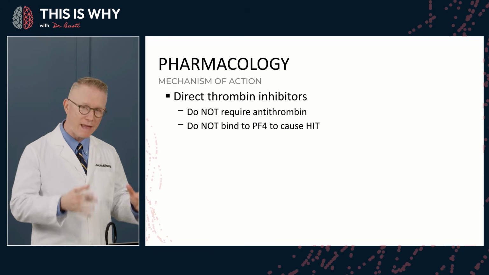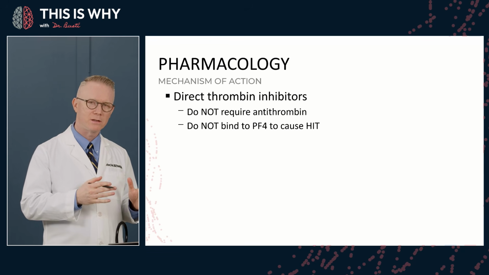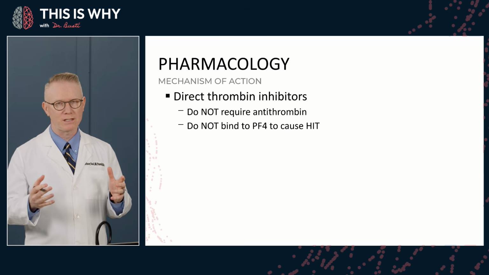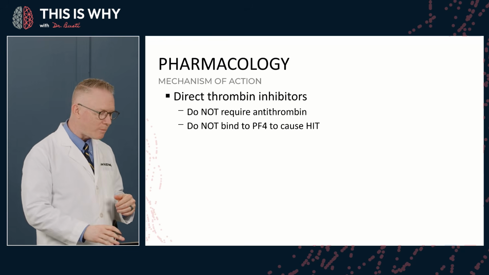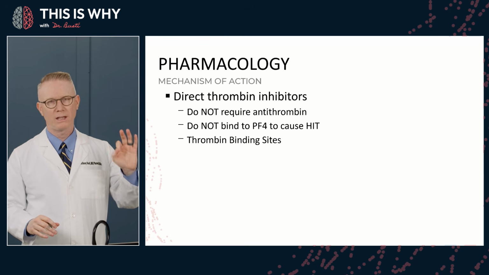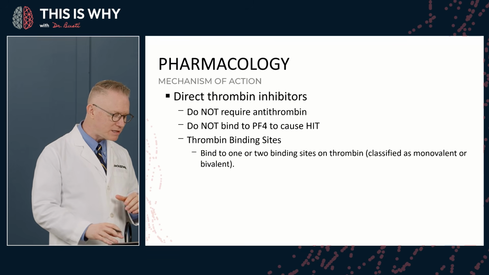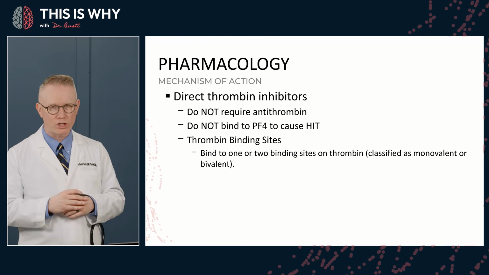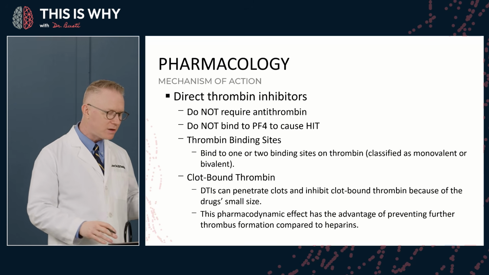And that's one of the main reasons, when you understand the mechanism of pathology of HIT, that's one of the main reasons that the antigenicity is created. But these drugs don't bind to that. And so that's why they are drugs of choice in heparin-induced thrombocytopenia. Thrombin binding sites, it can bind to 1 or 2. That's what makes them what's called monovalent versus bivalent drugs.